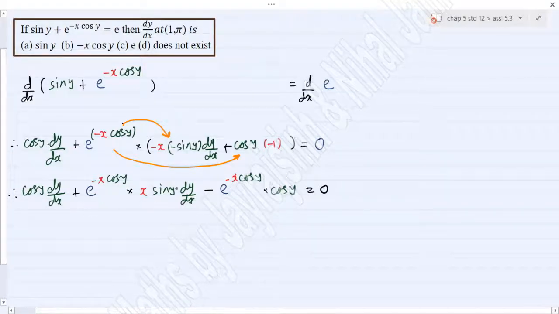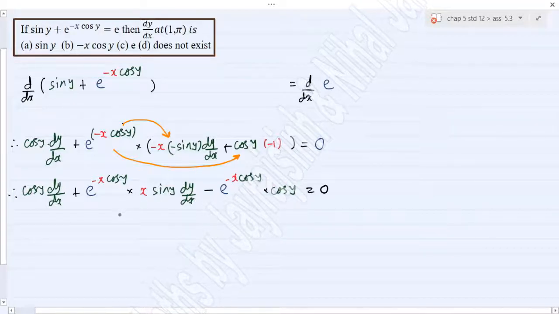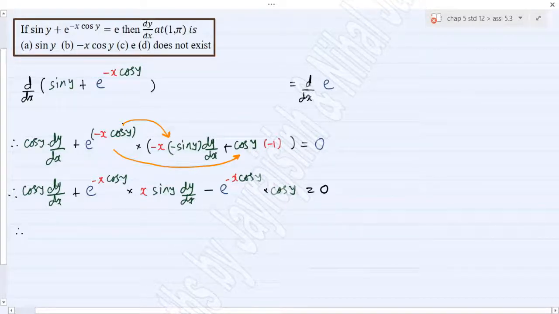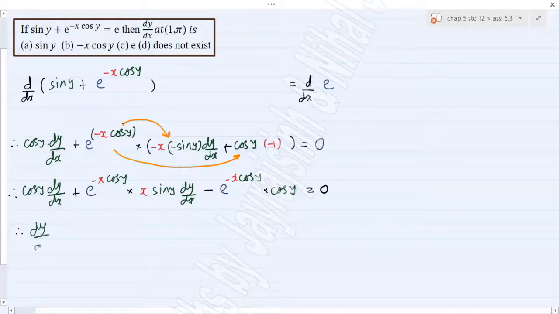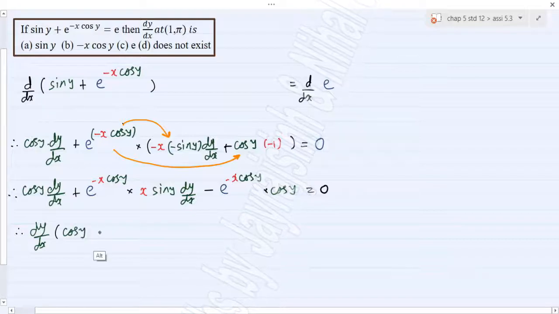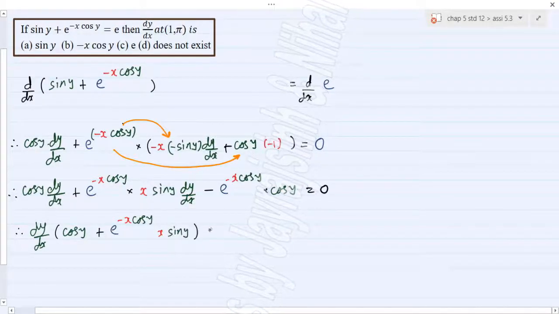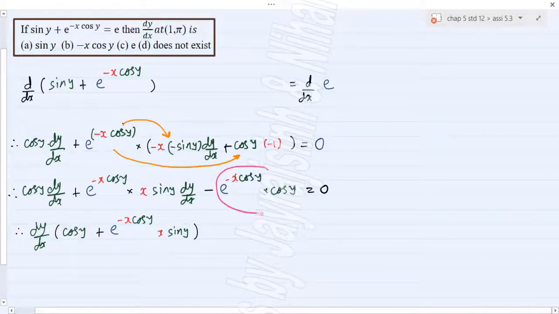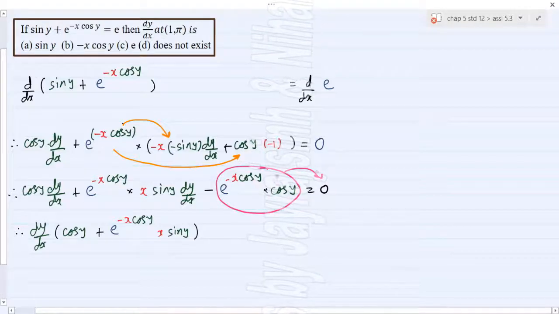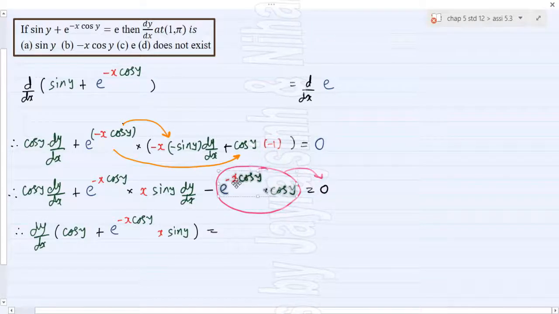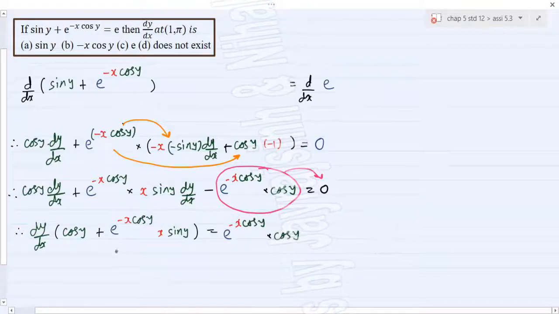Now let's move to the next step, in which we have to collect all the terms of dy by dx on the left side. So let's take dy by dx common from the first two terms. So you will get cos y plus e raised to minus x cos y x sin y, and the rest of the terms, or we can say terms without dy by dx, should be moved to the other side. So let's move this term to the right side. You will get plus e raised to minus x cos y into cos y.